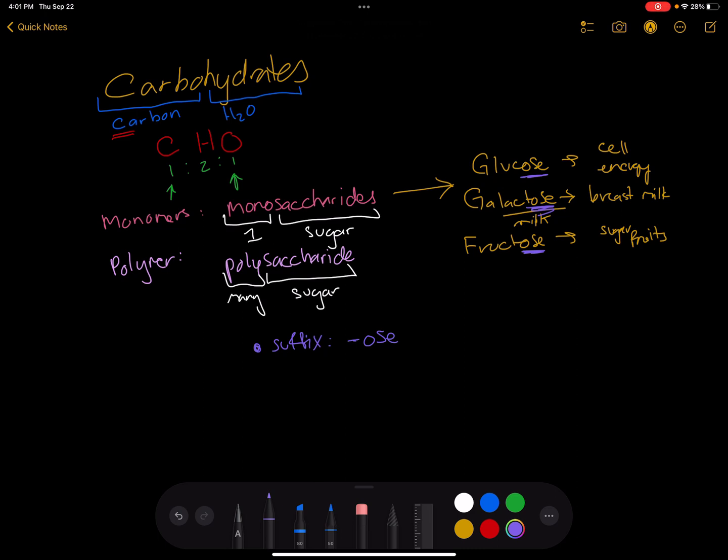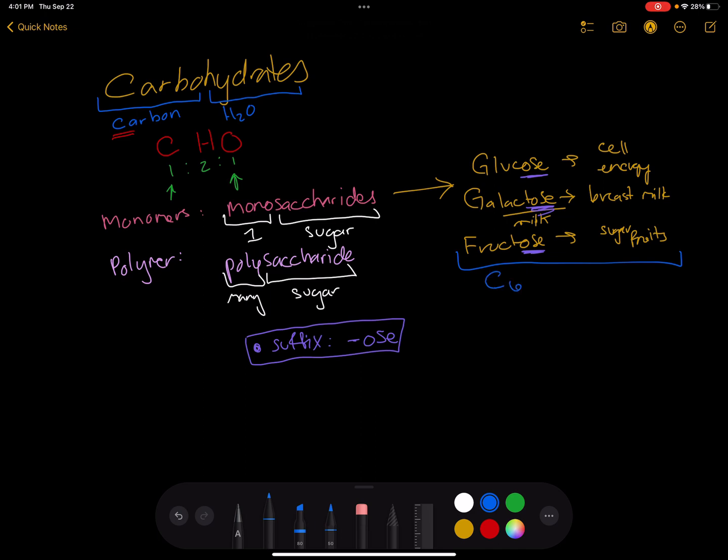So glucose, lactose, maltose, sucrose, all of these different sugars that you've heard the names of, they all end in ose. And so when you look at the name of something, if it ends in ose, then you automatically know it's a sugar.